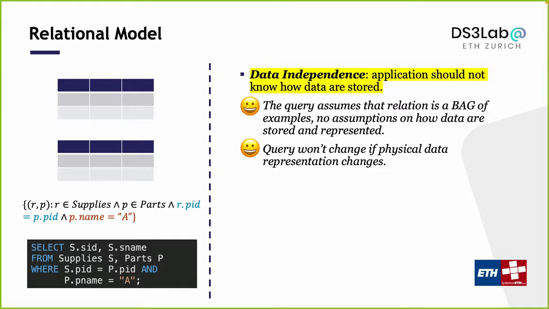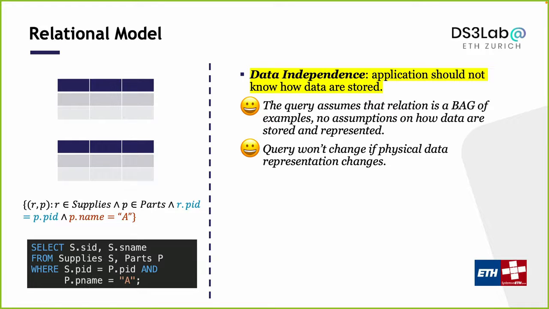In the query language, I do not use how they are stored. So that moves one level ahead in terms of data independence, compared with the network model and the hierarchical model. And if your physical data representation changes, for example, you shuffle your data, you do not need to change your query, because your query has no idea how the data are being stored.